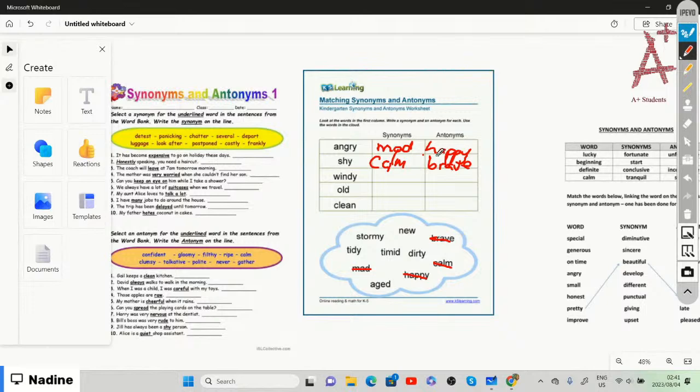Windy, the same as windy, right? If it's going to be extremely windy, we can say stormy is also there. It is storming, stormy. And then the opposite of windy.